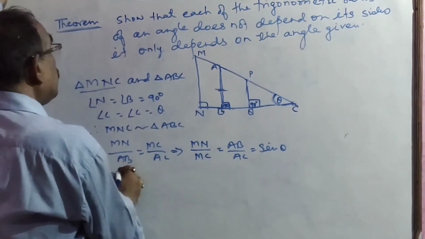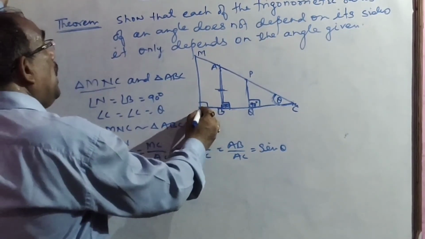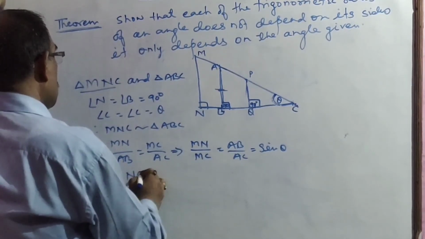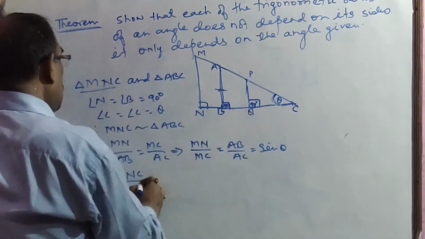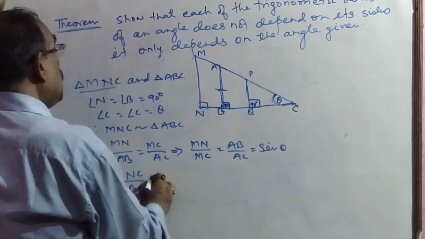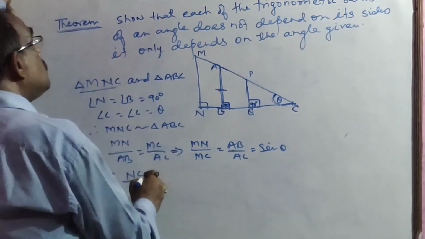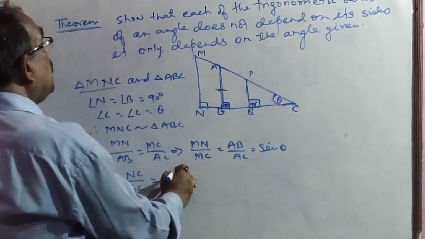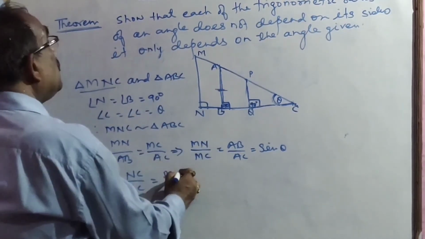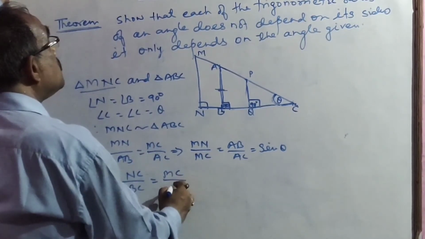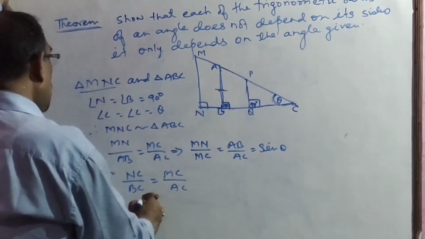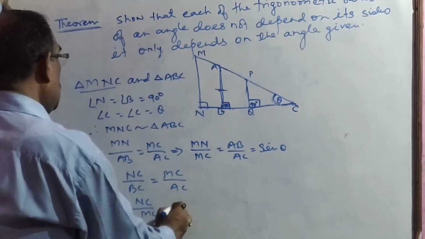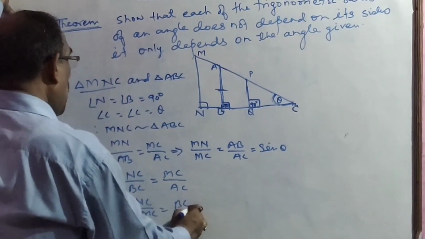Again, NC by BC is equal to MC by AC. We can write NC by MC is equal to BC by AC.